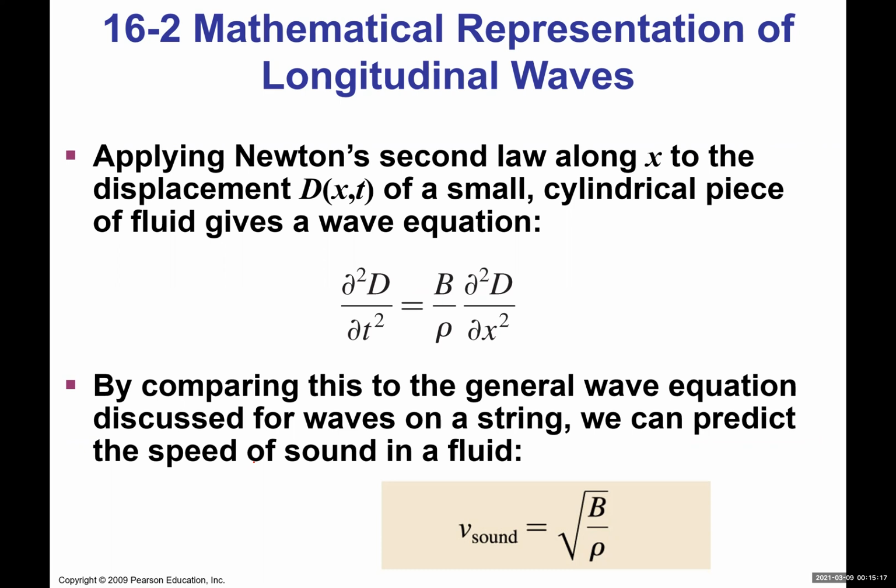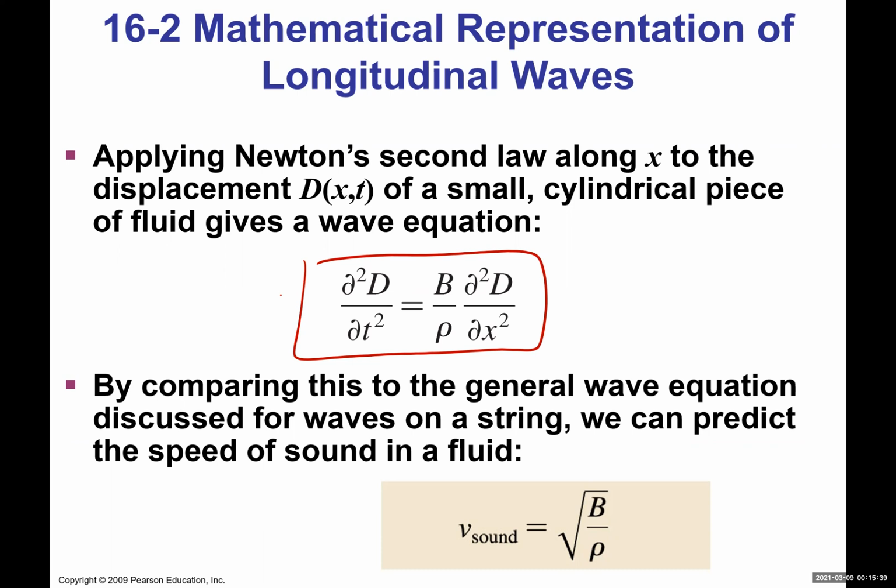Applying Newton's second law along x to the displacement d(x,t) of a small cylindrical piece of fluid basically gives us a wave equation. That means we can pretty much derive this equation over here, very similar to the way we derived the last equation in the previous chapter.